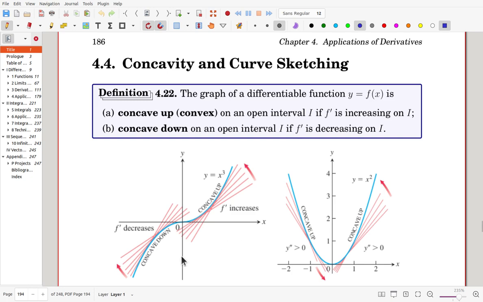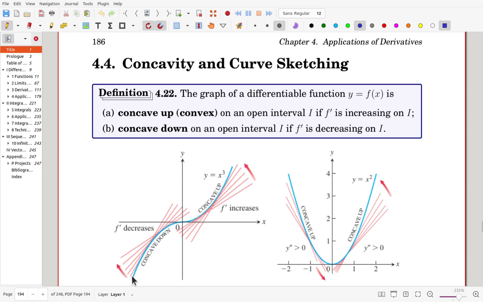Okay, here let's look at the figure on the left-hand side. For the figure of y equals x cubed, if you look at the interval less than 0, f prime is the slope.